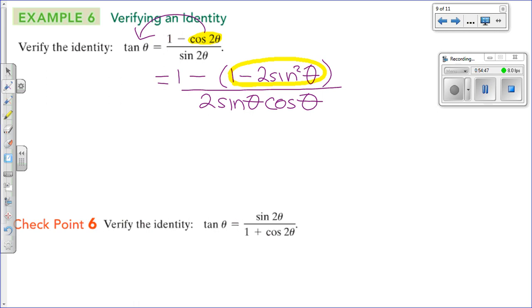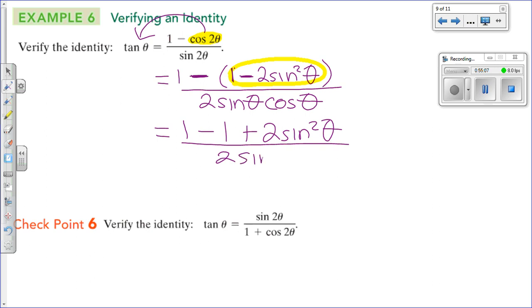So now what I'm going to do is go ahead and distribute the negative sign. So negative times 1 will be minus 1, and negative times negative 2 sine squared will be positive 2 sine squared theta, all of it divided by 2 sine of theta, cosine of theta.